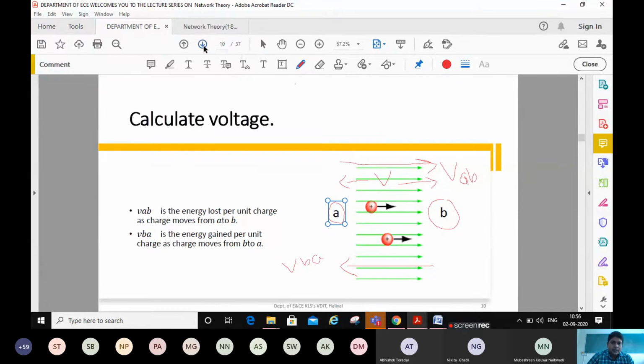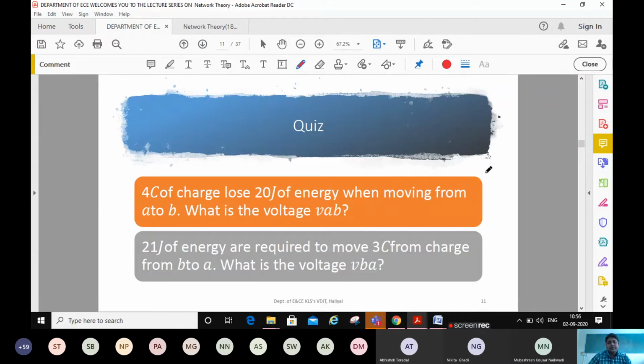Anyway, there is a small quiz, so you can attend it. Just note down these two questions, and you can put the answers in the chat box. Is 1 minute enough? I think it is more than enough. You can post the answer as A1 for answer 1, followed by A2 for answer 2.